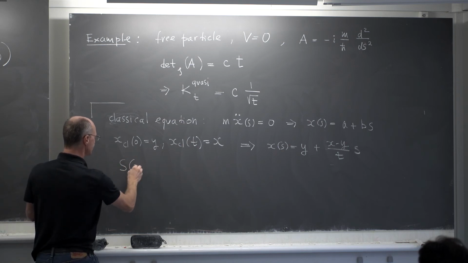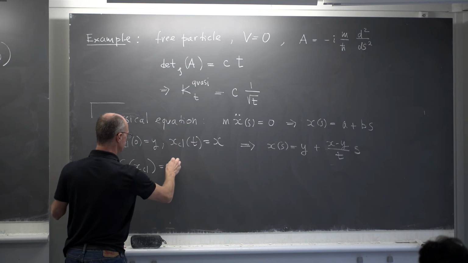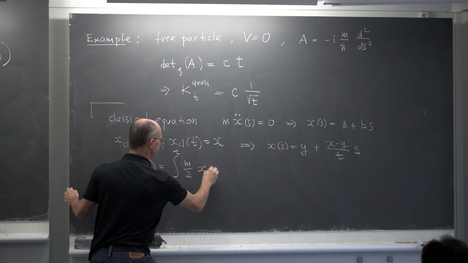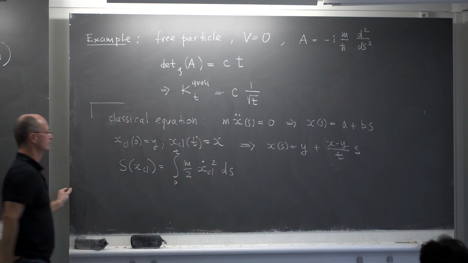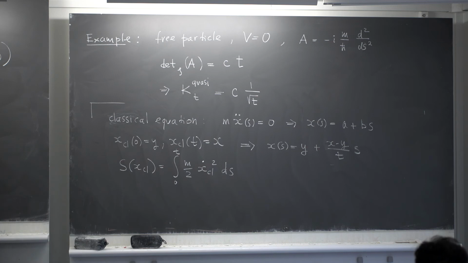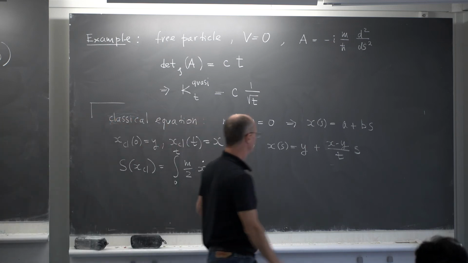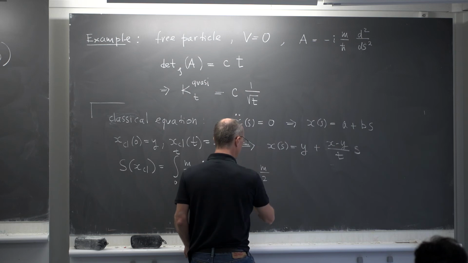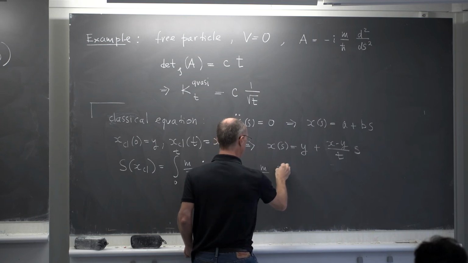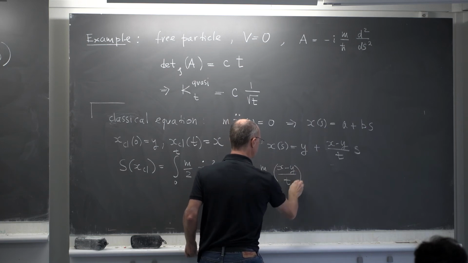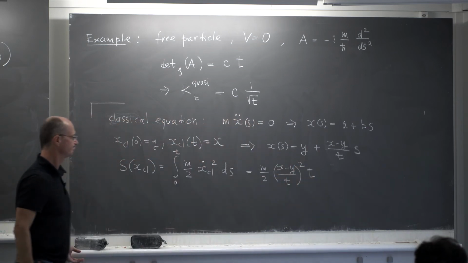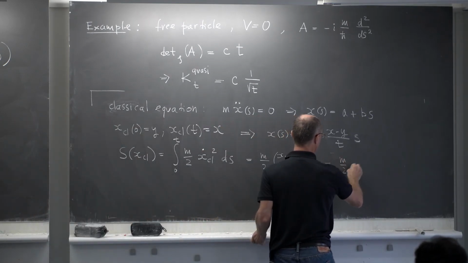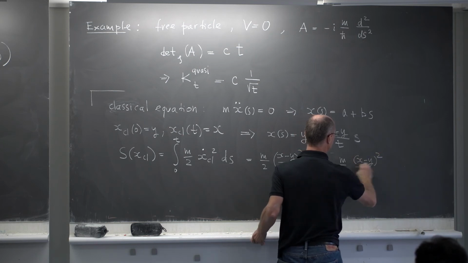And S of x classical is the integral from 0 to t of m over 2 x classical dot squared. There is no potential. x dot is (x minus y) over t. So all in all, it is m over 2 times ((x minus y) over t) squared times t. And the value is m over 2 times (x minus y) squared over t.